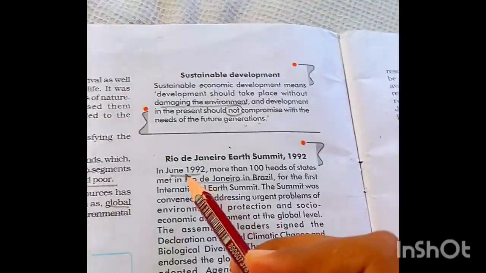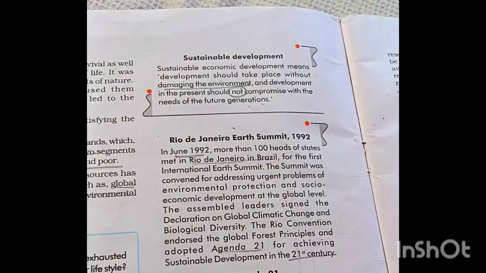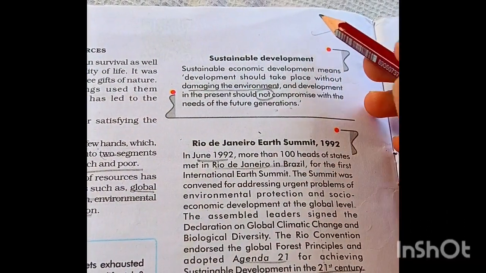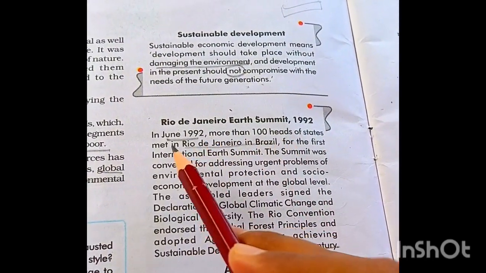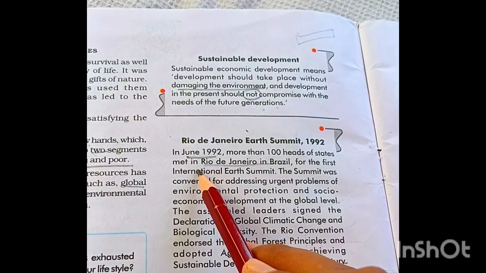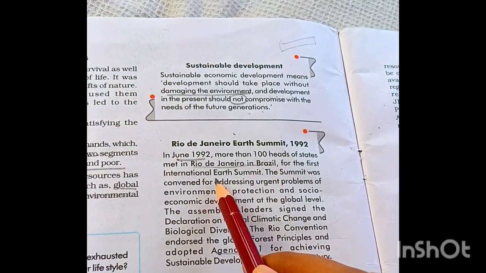Then Rio de Janeiro Earth Summit 1992 and Agenda 21. These were the two meetings that happened to bring this into action in the world. So, Rio de Janeiro Earth Summit 1992. In June 1992, more than 100 heads of states met in Rio de Janeiro in Brazil for the first International Earth Summit.